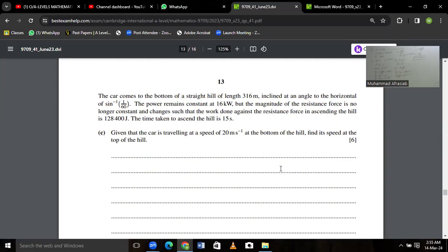The time taken to ascend that hill is 15 seconds. Given that the car is traveling at a speed of 20 meters per second at the bottom of the hill, find the speed at the top of the hill.